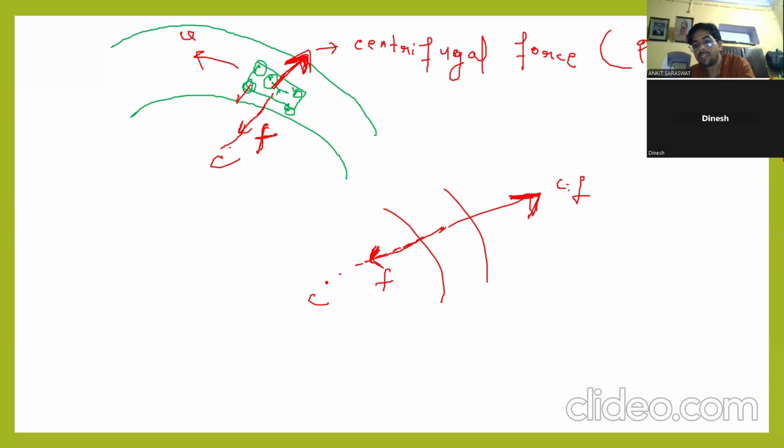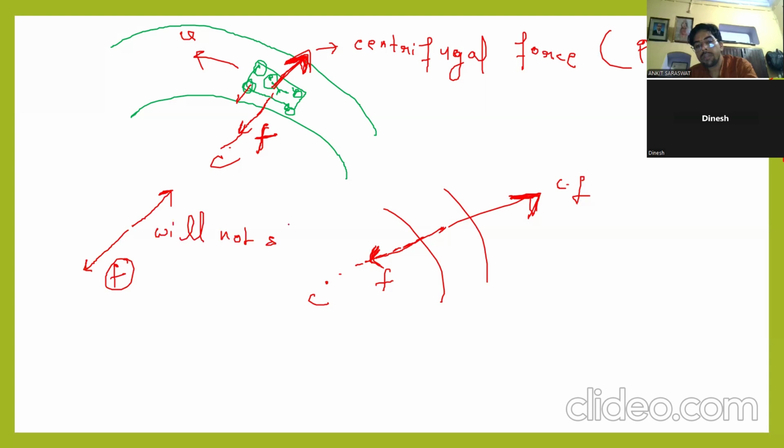Then your car slips. But on ordinary days, this centrifugal force is away from the center on you. That is a pseudo force. Then in order to balance it, we need a force toward the center, opposite to that but equal in magnitude, so that your car will not skid.